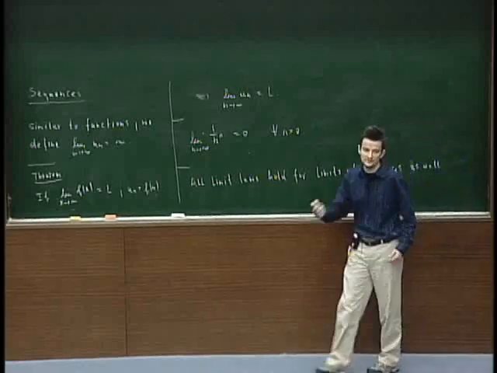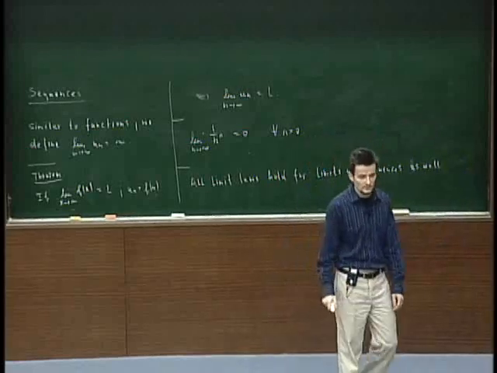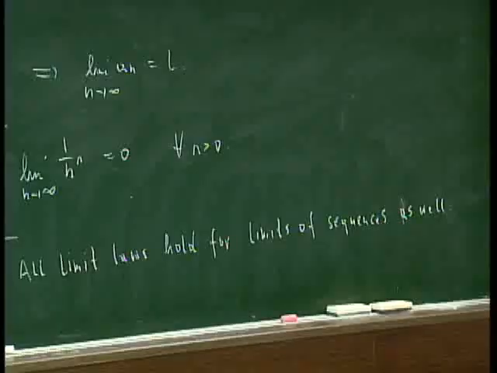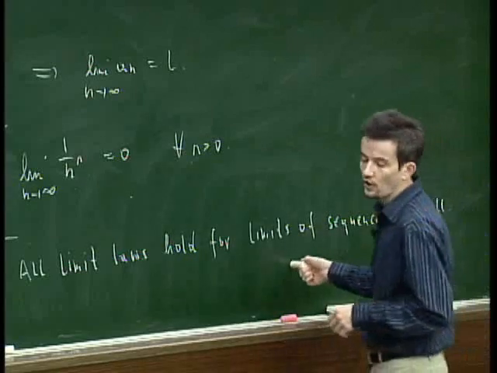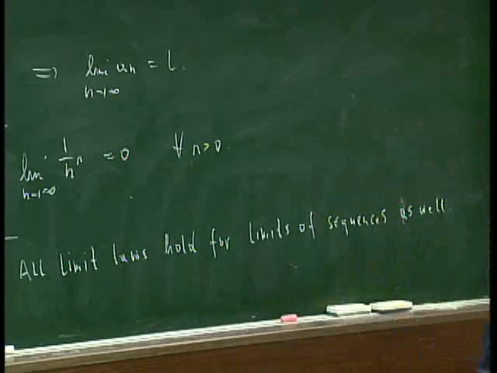So for instance, you have the squeezing theorem. You have that if an is larger or equal than bn, and the limit of an exists and the limit of bn exists, then the limit of an must be larger or equal than the limit of bn, and so on. And the proof of all those results is just the same as for limits of functions, because the definition is similar. So you can just rewrite the proof.